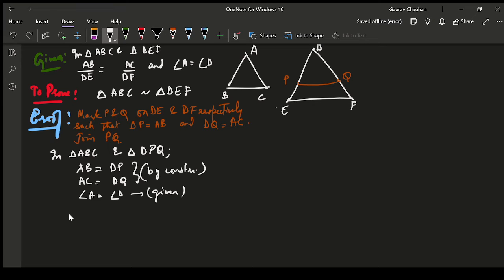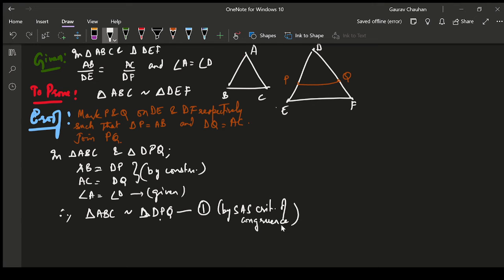All right, which means therefore I have triangle ABC is congruent to triangle DPQ. Okay, now let's mark this as equation number one. You can write the reason also. It's by SAS criterion of congruence.